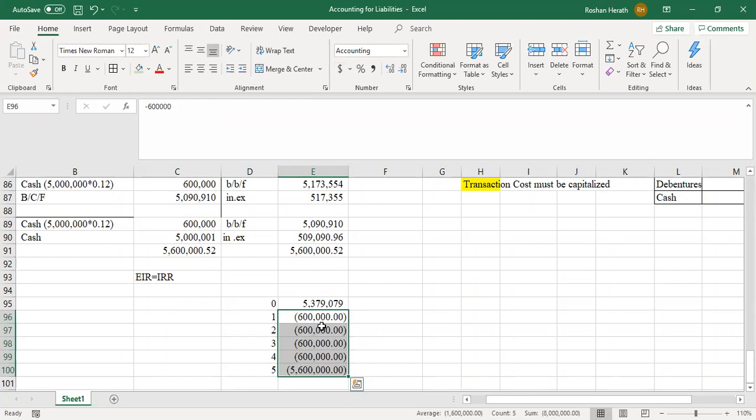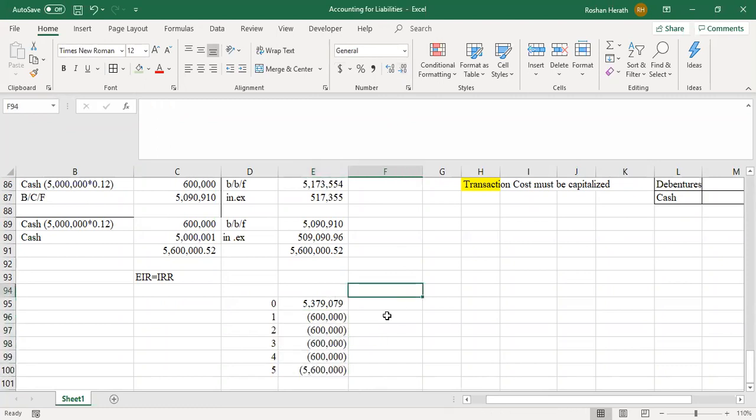Initial cash outflow followed by the cash inflows. But here in this instrument, initial cash inflow followed by cash outflows නේ. ඒක instrument එකේ nature එකත් එක්ක.